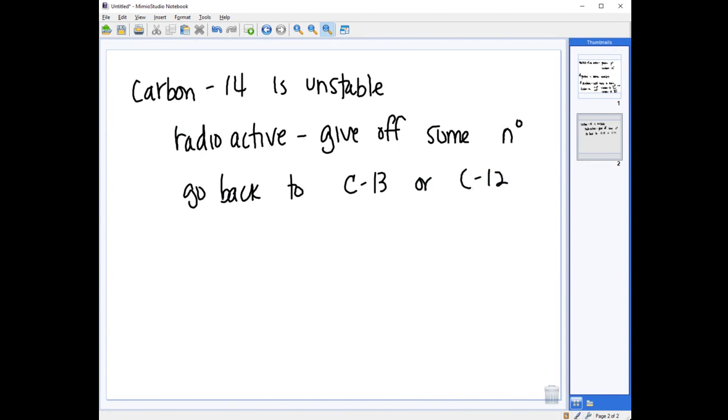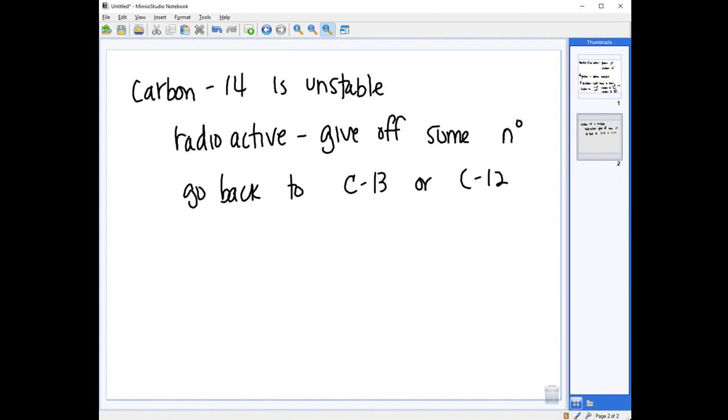So carbon 14 is unstable. It can't stay in that situation with 6 protons and 8 neutrons for a very long time. And so it will degrade or decay, giving off some neutrons and putting it back down to carbon 12.